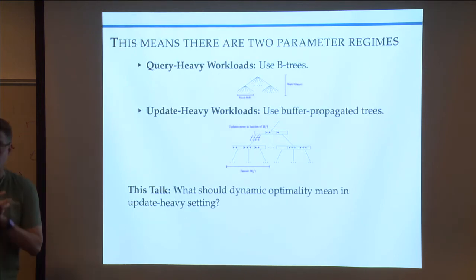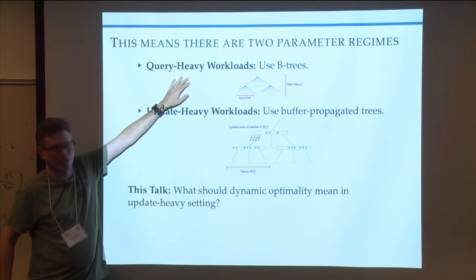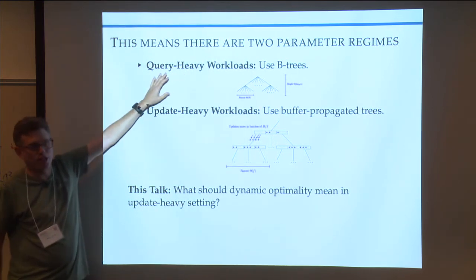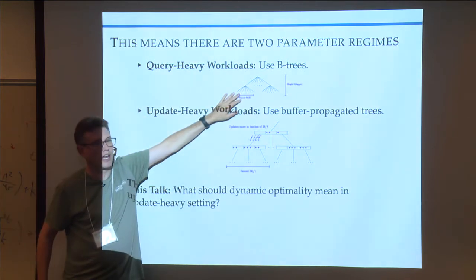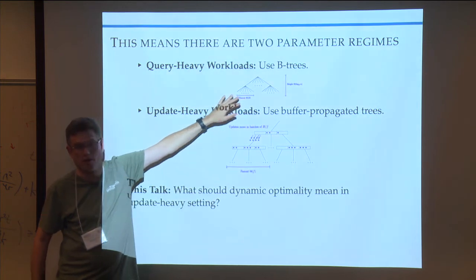So now let's start to talk again about dynamic optimality. And this means that there are actually 2 parameter regimes where we can care about dynamic optimality. One of them is where you have a query-heavy workload. There are just not that many updates or insertions or deletions. And then B trees are just fine, and we can use B-epsilon trees or come up with something better.